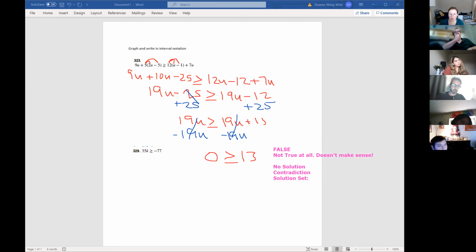I know we said no solution, but when you corrected your homework last night, what did you see on the key? Did everyone correct their homework and look at the key? It had something there where it said solution set.